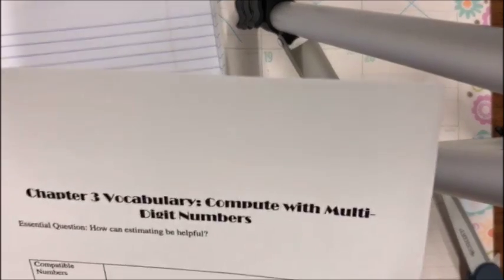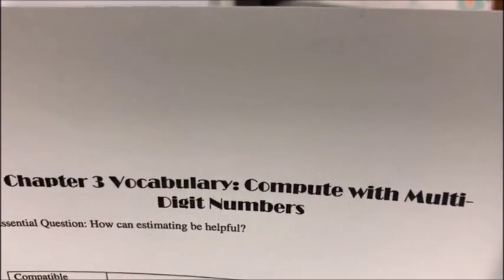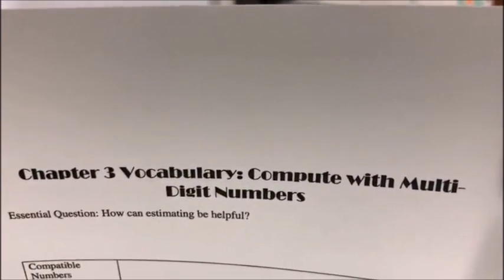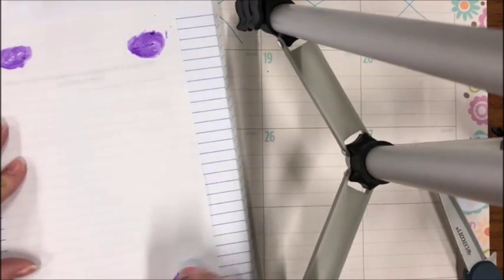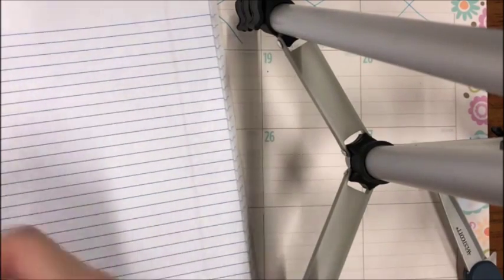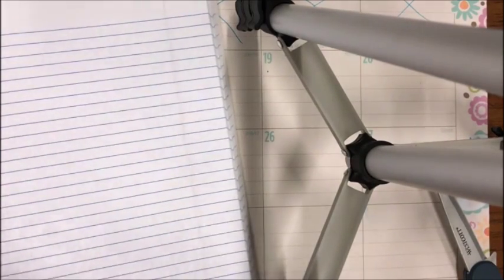Okay, so on page 44, you're going to glue in the page that says Vocabulary Compute with Multi-Digit Numbers. Remember, you don't need a ton of glue.